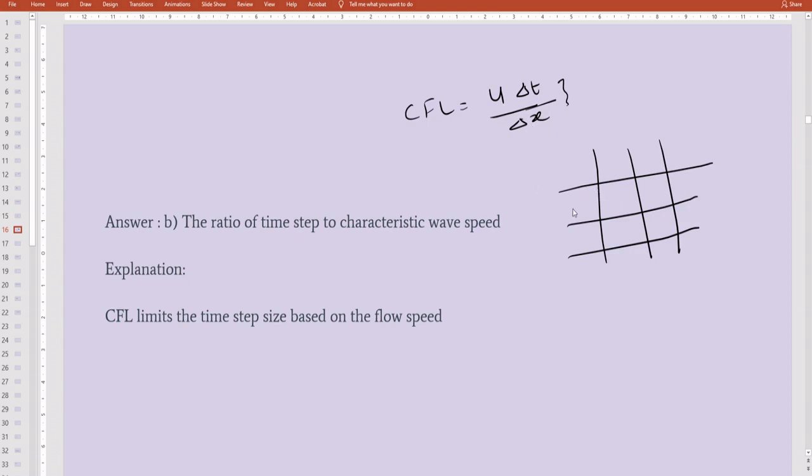Suppose some property phi is being transferred in this grid. If we are taking some particular value of delta x here, how much time will that particular value of phi stay inside our cell? If the dimensions of the cell are not in tune with the ratio of the time step, then the change in that particular property's value may not be captured.